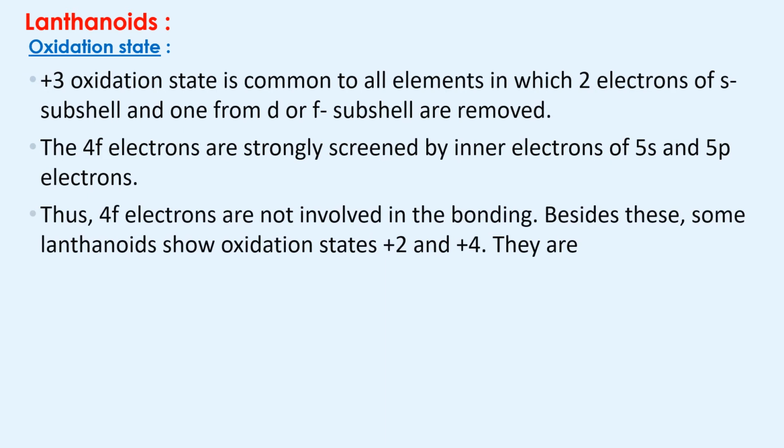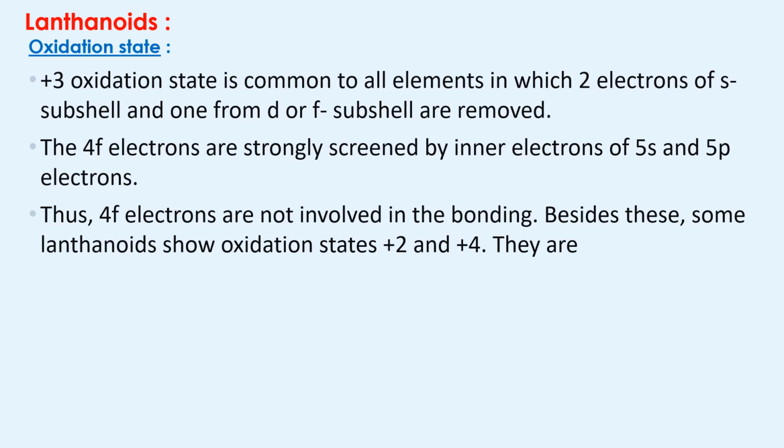Besides this, some lanthanides show +2 and +4. Remember, in oxidation state +3 is the most common, and the 3 electrons can be lost: 2 from the s and 1 from the f or d. The 4f electrons are strongly screened by the inner 5s and 5p electrons.